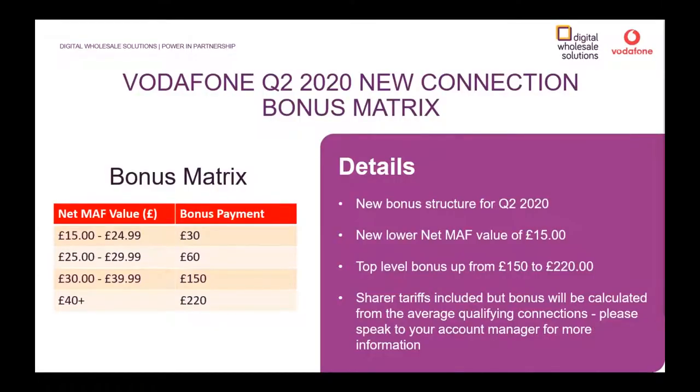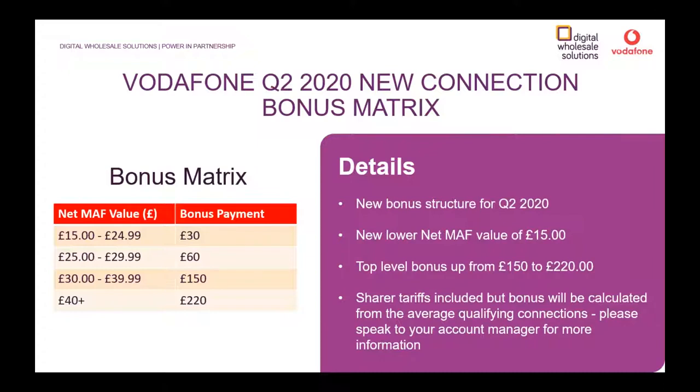The new connection bonus matrix, as I mentioned before, is all detailed in the guide. The uplift in the bonus from Vodafone has been fairly significant, and I think it shows how serious they are about really presenting a compelling proposal for their network. Up to £220, as I mentioned before, from 150, and it's based around monthly access fee.